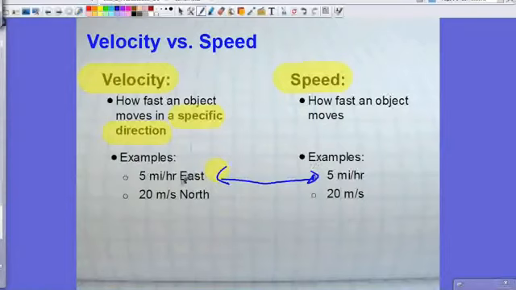They're written the same. The only difference is velocity right here has east. That's the only difference between velocity and speed, which direction it's going. And again, if it changes directions, then the object changes its velocity, but the speed stays the same.